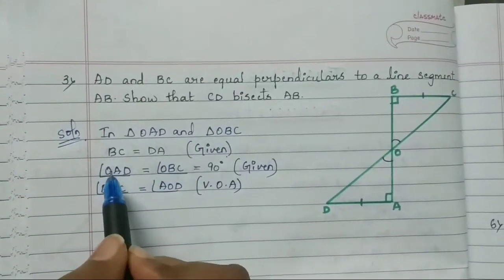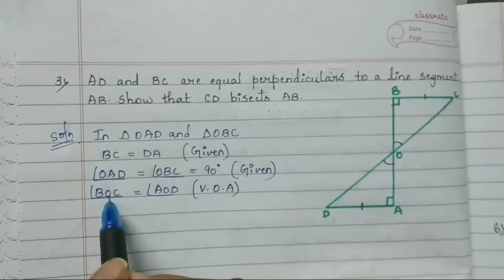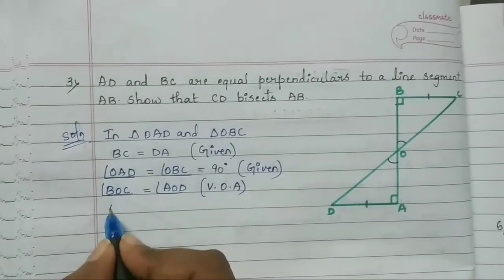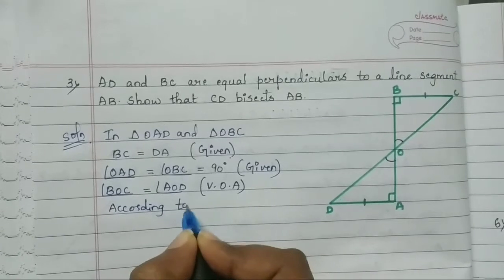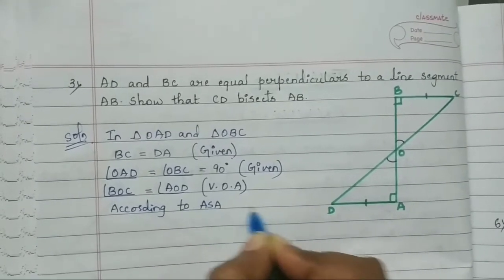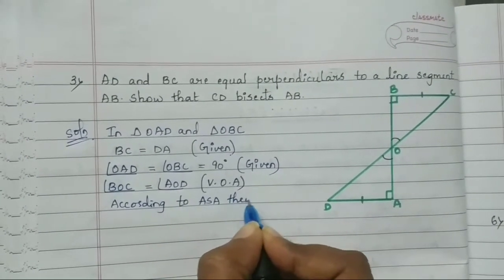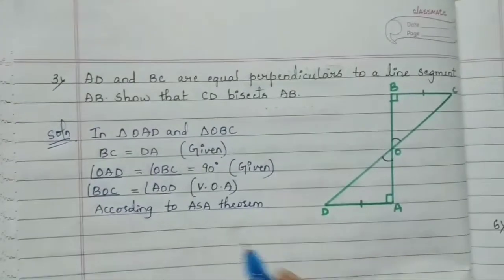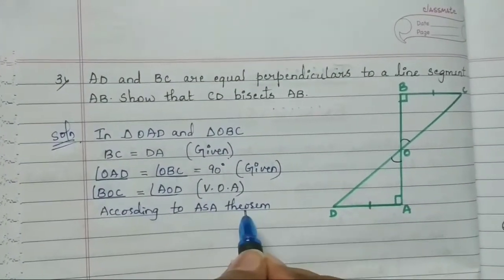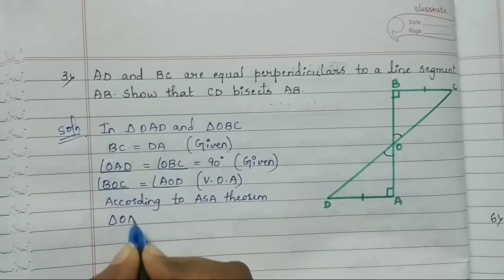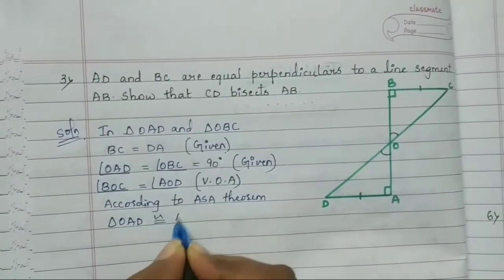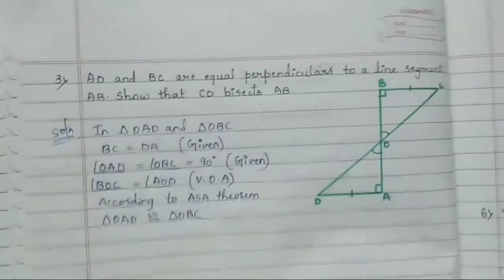So here you can see we got two angles and one side. So according to the ASA theorem, or we can say it is also a postulate, we can write triangle OAD is congruent to triangle OBC.